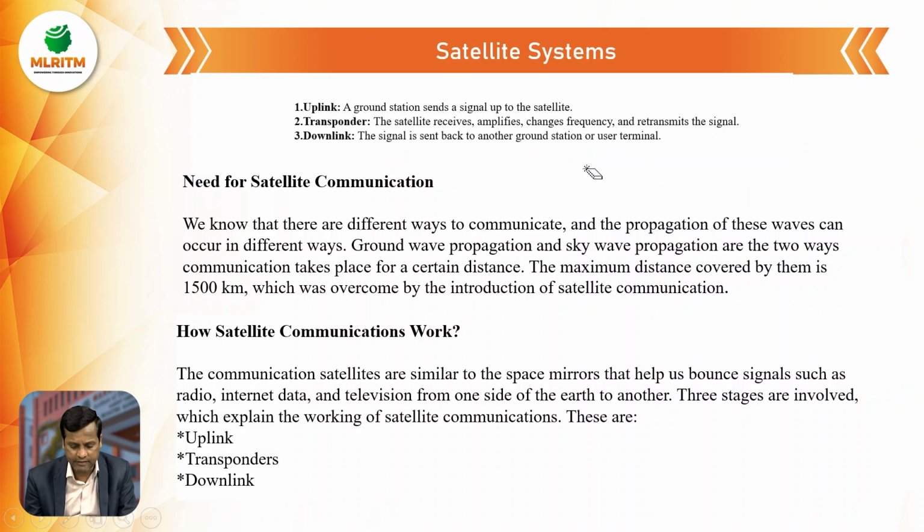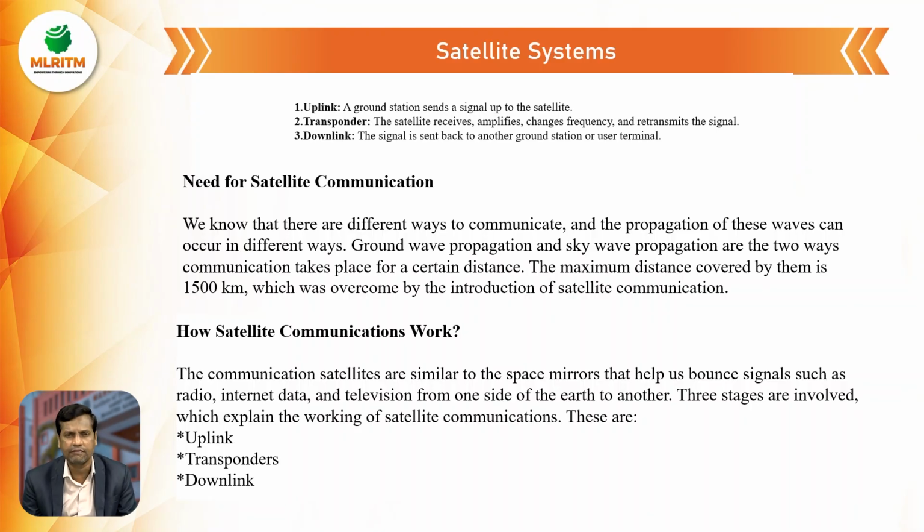So what is the need for satellite communication? We know that there are different ways to communicate, and the propagation of waves can occur in different ways. Ground wave propagation and sky wave propagation are the two ways communication takes place for a certain distance. The maximum distance covered by them is 1500 kilometers, which was overcome by the introduction of satellite communications.